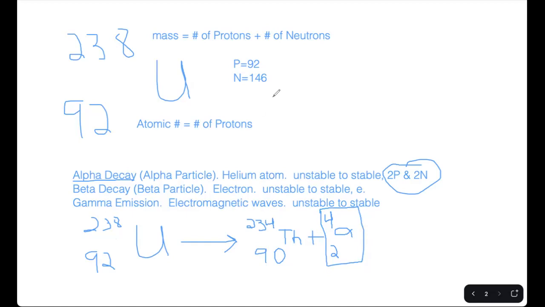Now, the next one we're going to go to, which I'm just going to do right here, is beta decay. So we're going to take uranium. It has a mass of 238. And it always has 92 protons. This time, this uranium is going to experience a type of decay that's called beta decay.